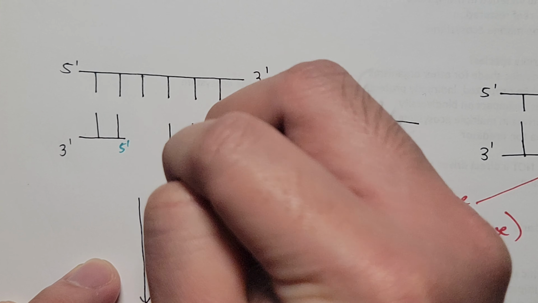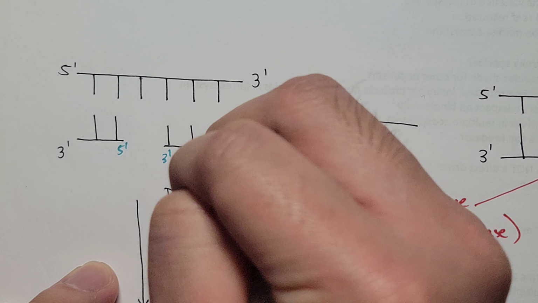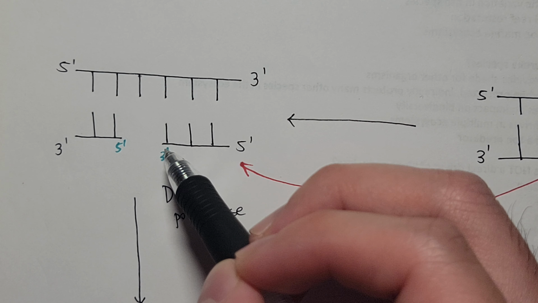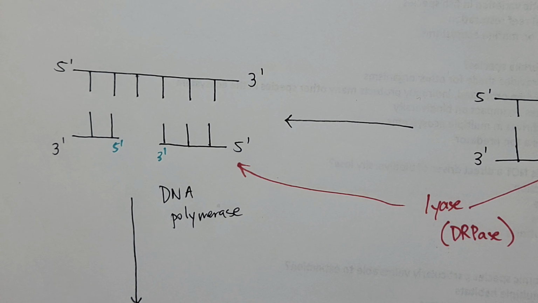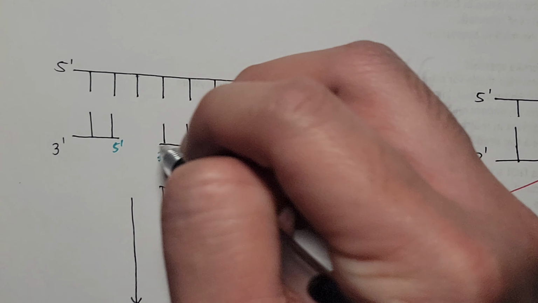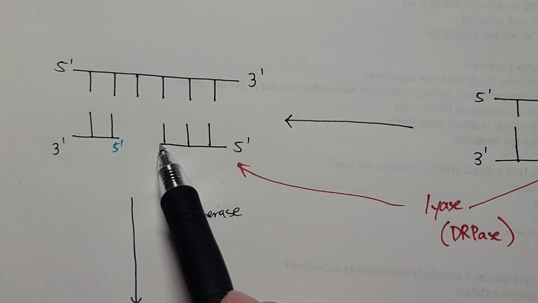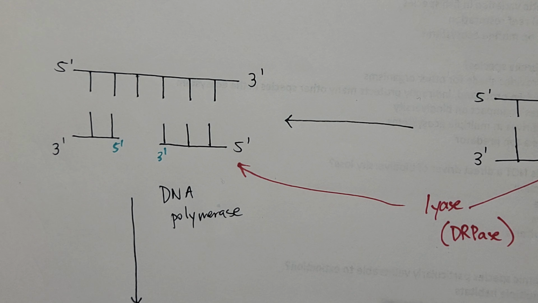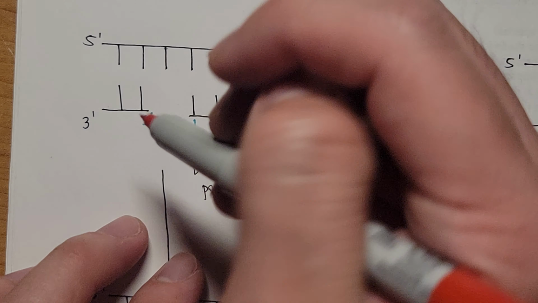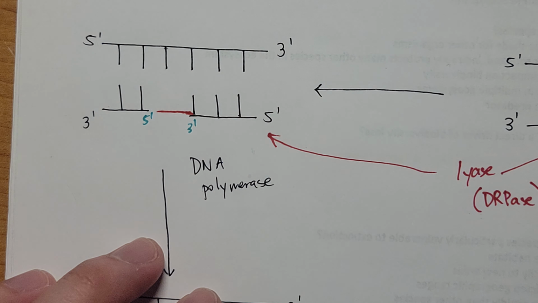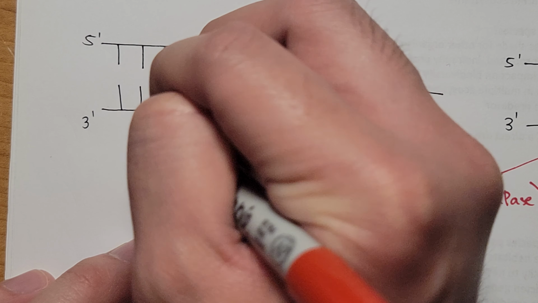Now we have DNA polymerase, right? So the DNA polymerase will come in and synthesize the strand. It will start on the 3' end, so it will synthesize over that way, right? And then this will be your new 3' end.